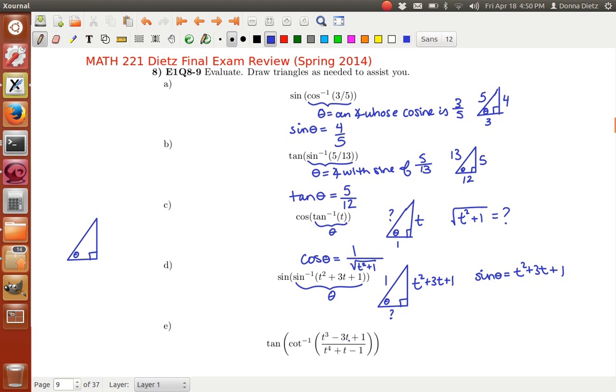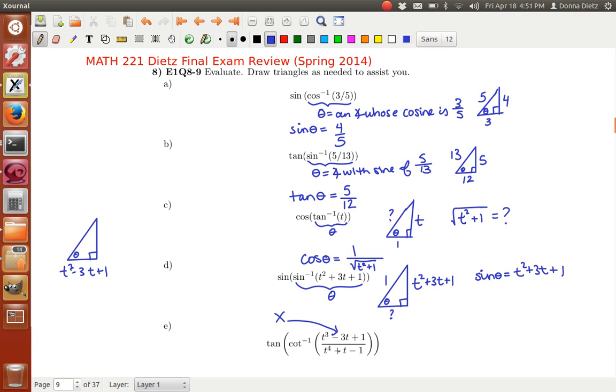Now this guy down here, you may think, okay, this is a mess, right? Not really. We want an angle whose cotangent is this mess. So what is that? That is x over y. So this top is going to be x, so I'm going to put this down here. This isn't really necessary if you can see through this question.